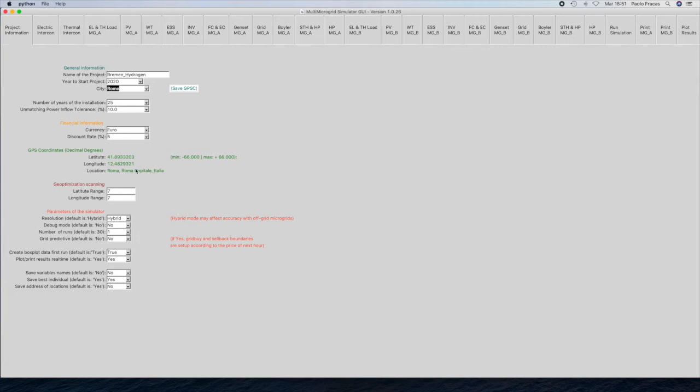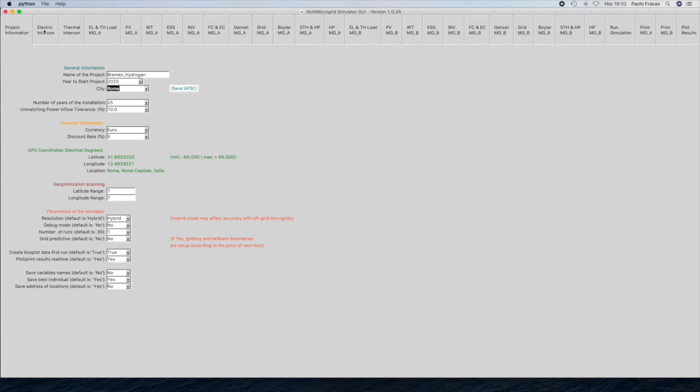When we save all the data, we upload all the climate data sets that will be utilized to predict the energy from renewables. Here we can set up the grid scanning area, and then finally the other main parameters to run the simulation, like the resolution to speed up the computing time.